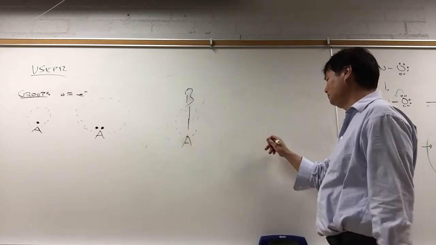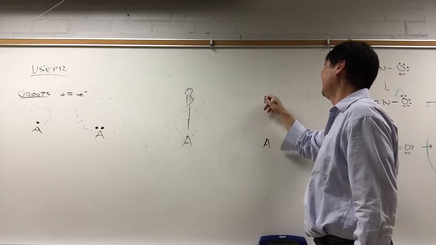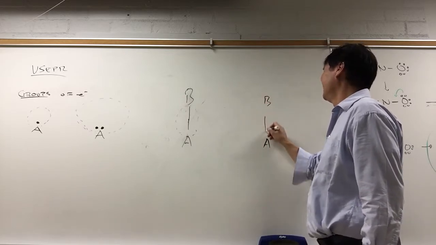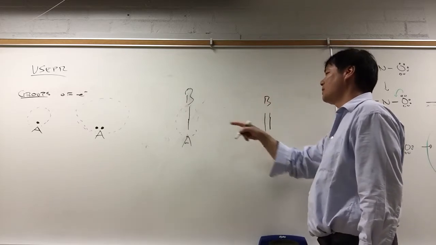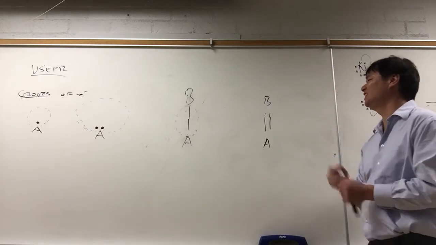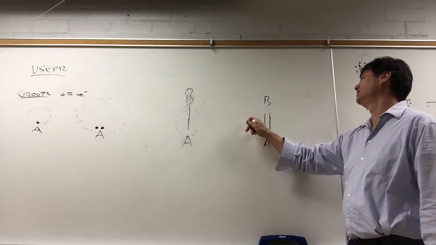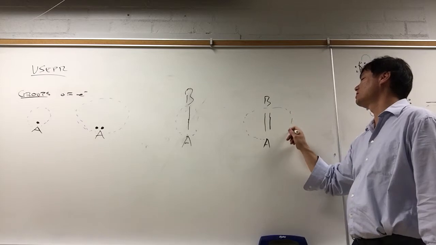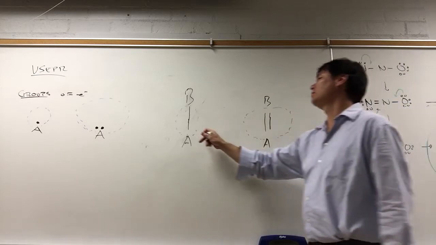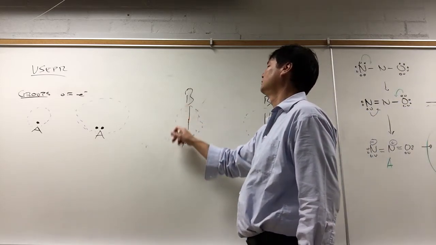When we have a double bond, it takes up about as much space as a lone pair on atom A. We've got more electrons there. This is all from atom A's perspective.